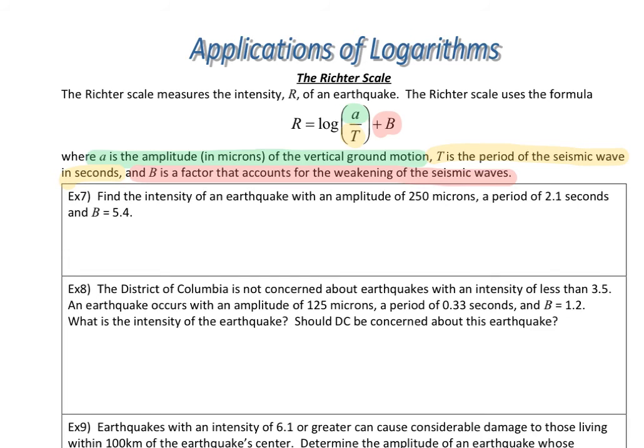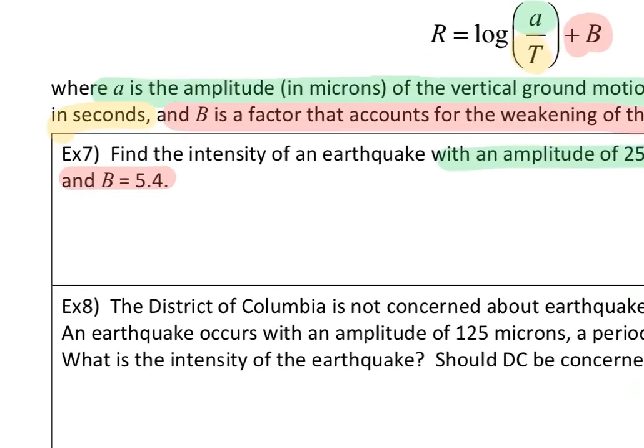So the intensity of this earthquake, I'm looking at example 7 now. This earthquake has an amplitude of 250 microns and has a period of 2.1 seconds, and this magical B number is 5.4. And so we're going to take all those numbers and substitute them into that formula.